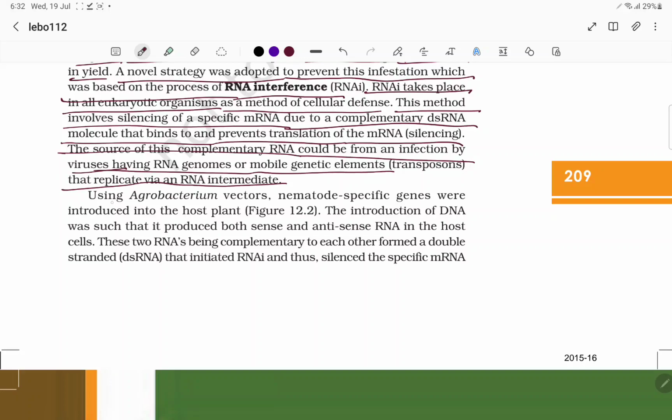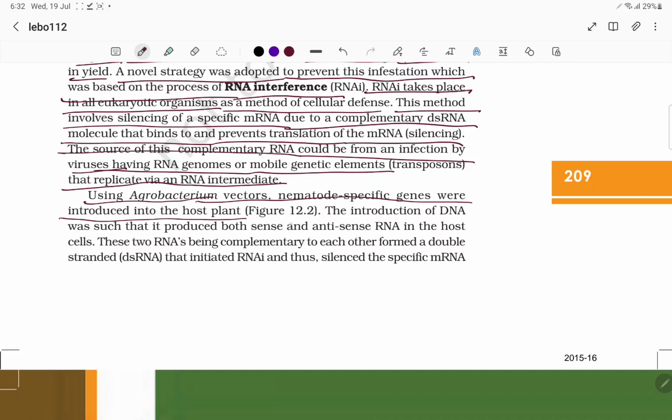So, using the Agrobacterium vectors, nematode specific genes were introduced into host plants. So, we all know Agrobacterium tumefaciens, right, which will produce the tumor. So, with that, nematode specific genes were introduced into the host plant.